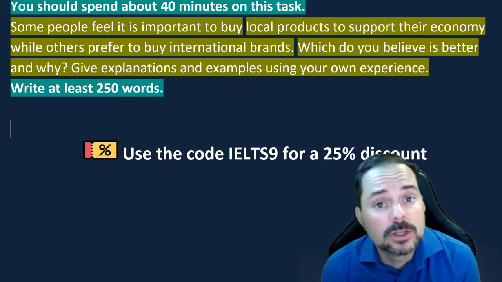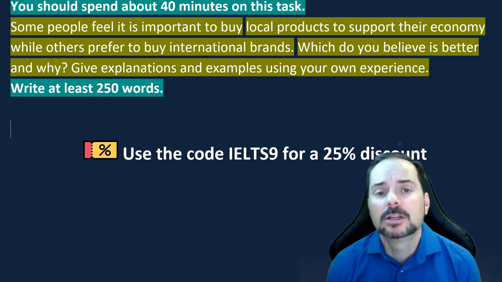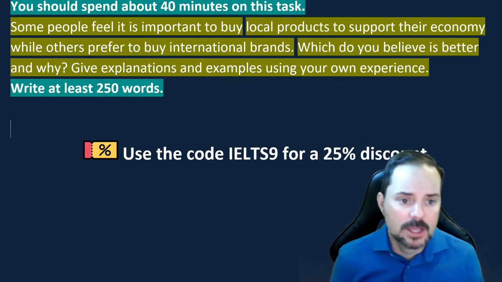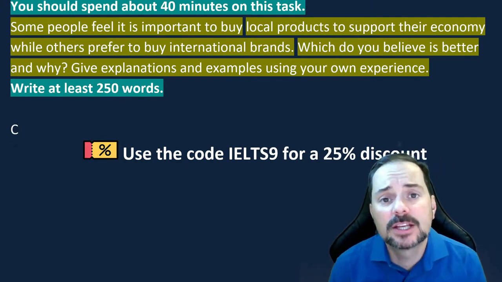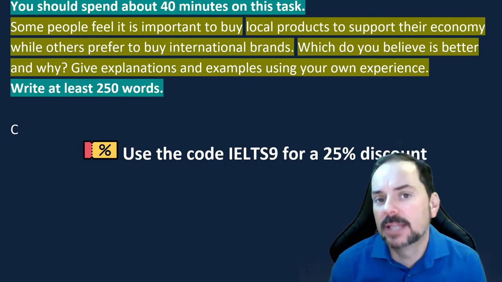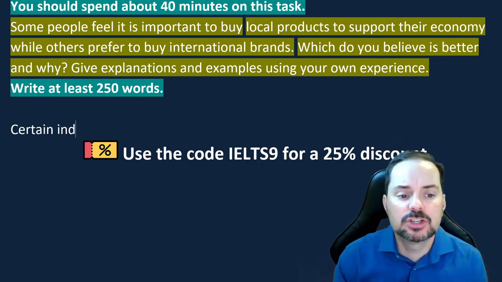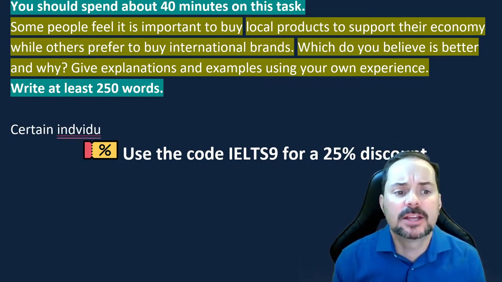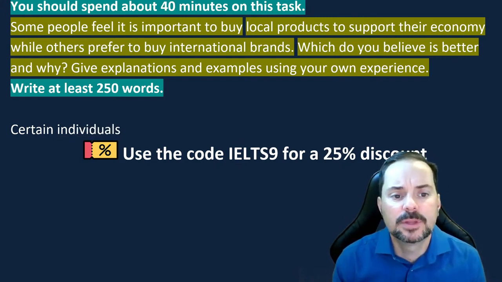Now, if that works for you, great. If you need something higher, like a band 7, 8, 9, you should think about it a little bit more carefully, okay? So let me paraphrase this. The paraphrasing is just to get us a better idea of the question and to collect vocabulary for the response. So certain individuals, instead of saying some people, I'm saying certain individuals, okay?